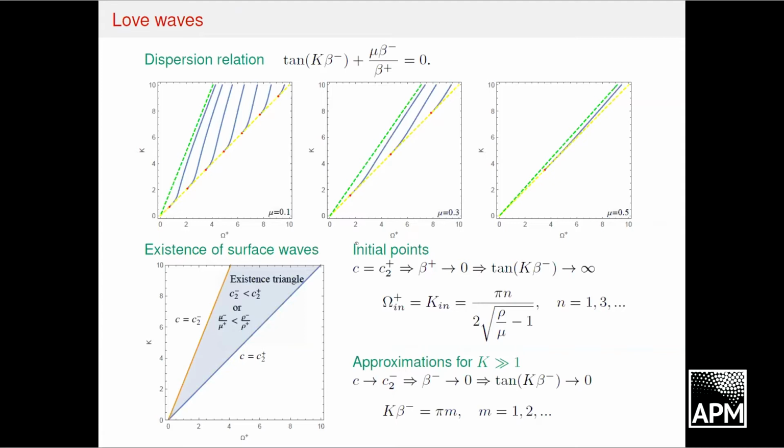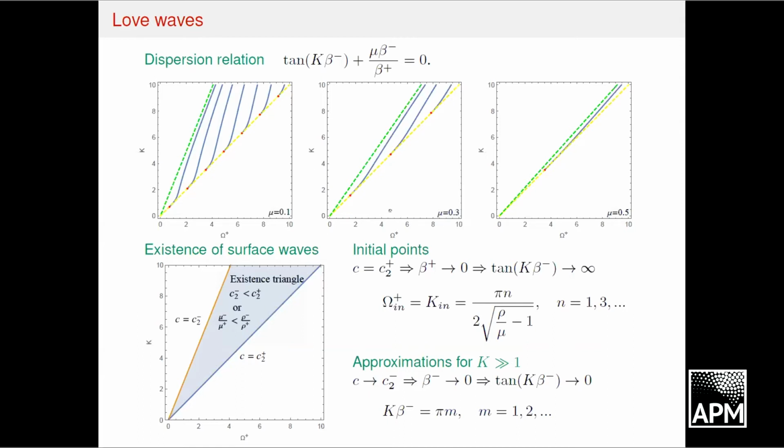And we can find these initial points because this is one of the limits. So this is the case where this tangent blows up. And then here are the coordinates of these points, so both omega plus and k. So here it's gradient 1 because it's been nondimensionalized to the C2 plus.